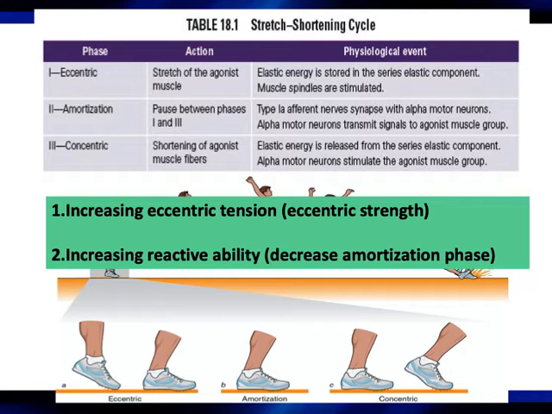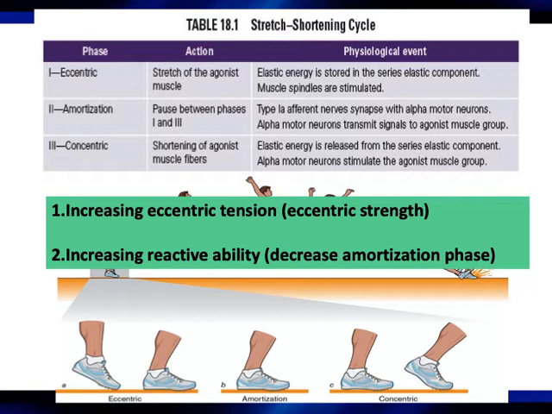So ultimately, you want to increase eccentric tension, so the eccentric strength of the athlete is very important. And second of all is increasing the reactive ability to decrease that momentary pause between the 2 phases, to decrease the amortization phase.